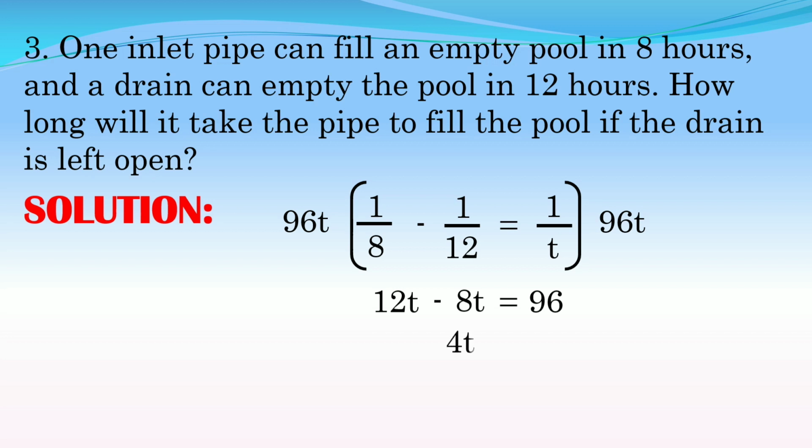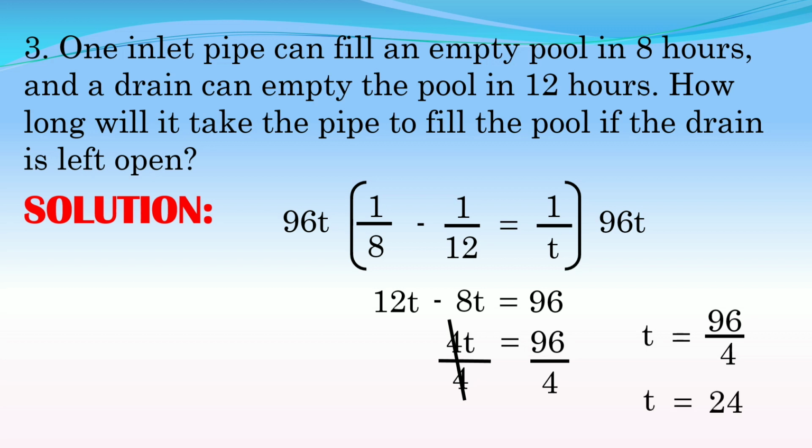So, 12T minus 8T is 4T equals 96. So, para mahanap natin yung value ni T, kailangan natin tanggalin si 4. So, divide both sides by 4. So, T is equals to 96 over 4. And then, pag sinimplify natin siya, so 96 divided by 4 is equals to 24.